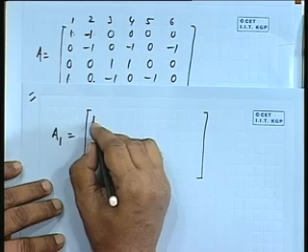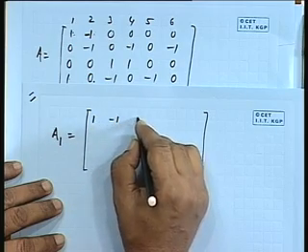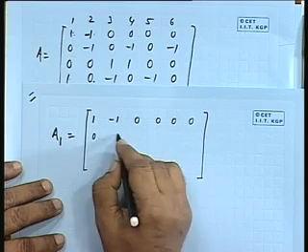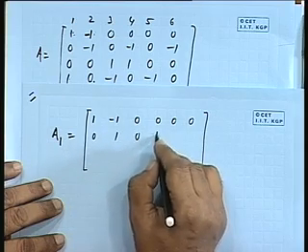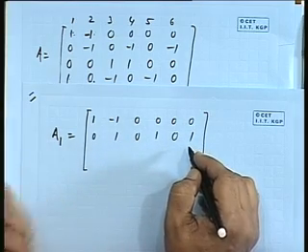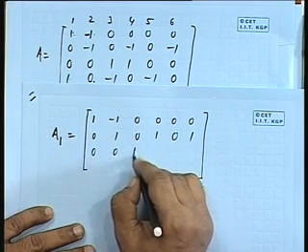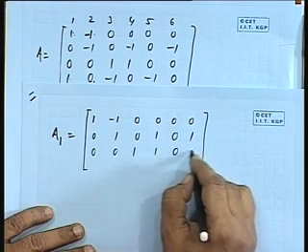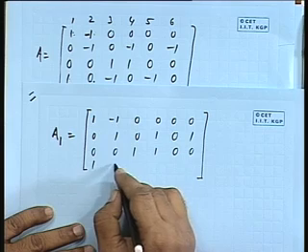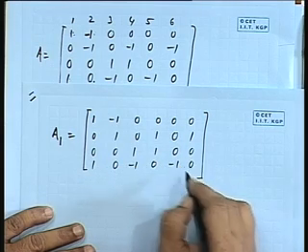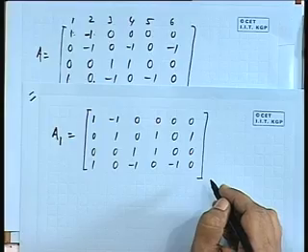So, this will become 1 minus 1 0 0 0 0, then 0 1 0 1 0 1, okay. Then 0 0 1 1 0 0 1 0 minus 1 0 minus 1 0, okay.